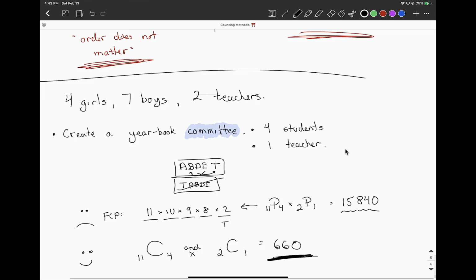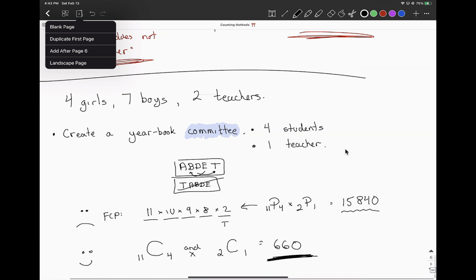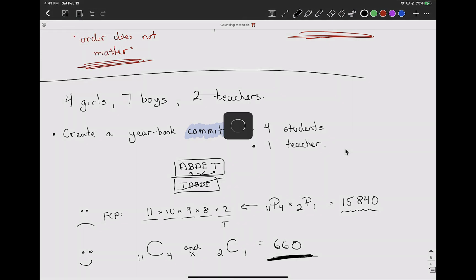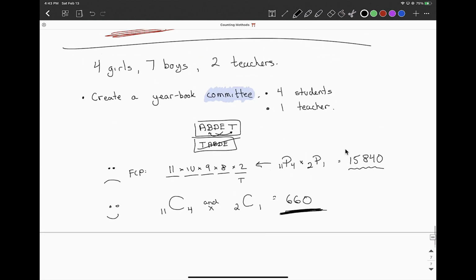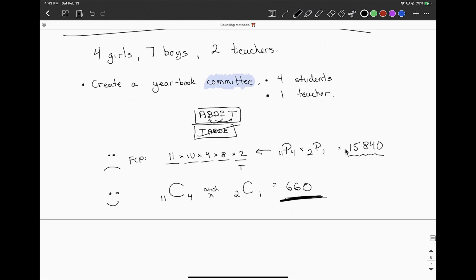Now, we can put slight restrictions into these kind of questions. Let's say, well, we can't just take any of the students. We got to make it a little bit more equitable. So we have to make sure that there are 2 girls selected and 2 boys selected and 1 teacher.